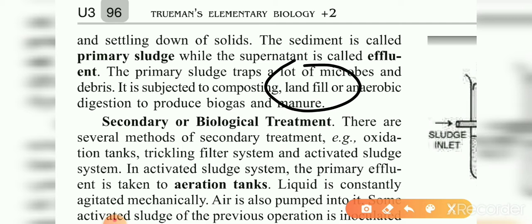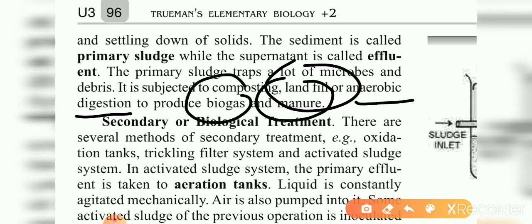Or this sludge is sent for anaerobic digestion with the help of anaerobic bacteria which do not use oxygen, and the sludge is changed into biogas or manure. So this is the use of primary sludge.